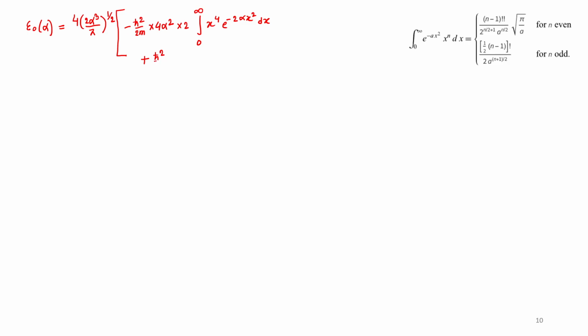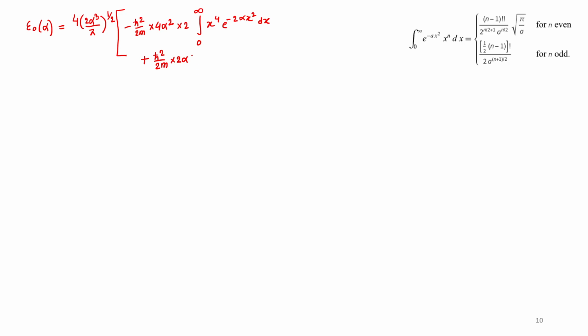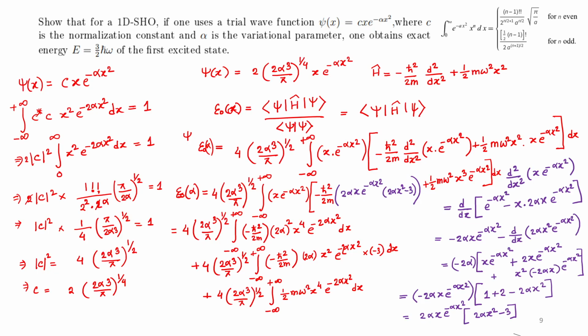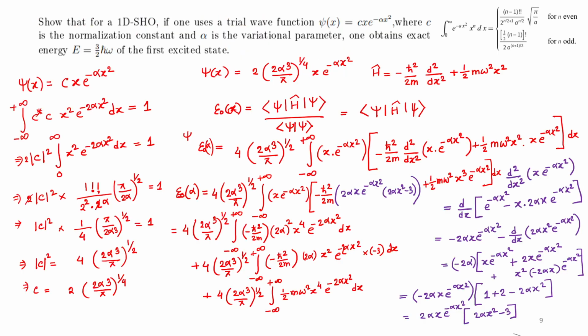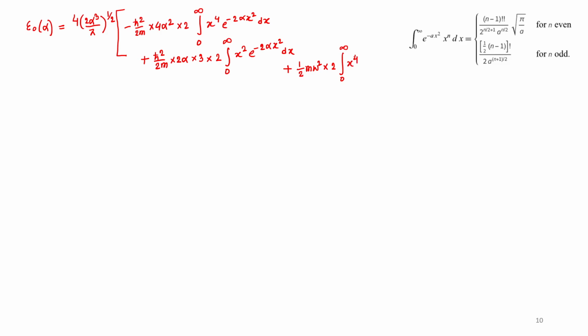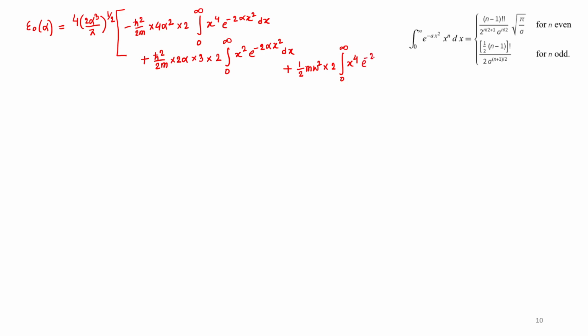Then I am going to have plus h square by 2m into 2 alpha and c obviously, and then 2 into 0 to infinity x square e to the power minus 1 alpha x square, plus half m omega square into 2, 0 to infinity x to the power 4 e to the power minus 2 alpha x square.